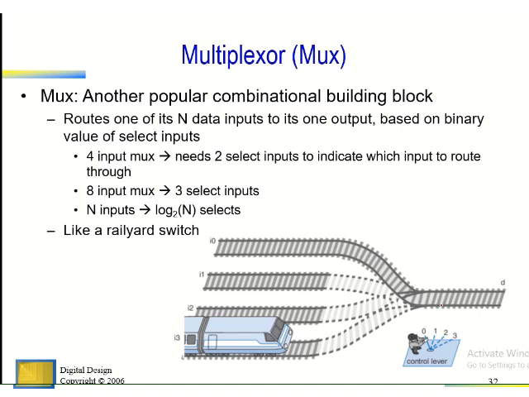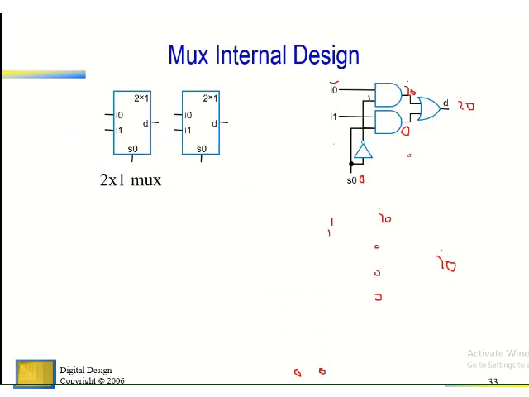So it's just like a rail yard switch. If the combination at the control lever is 0 0, then whichever train is coming on I0 will pass through this point, and if it's 1 1, then this train will pass through the track at position D. This is an example of the internal configuration of a 2 cross 1 mux.